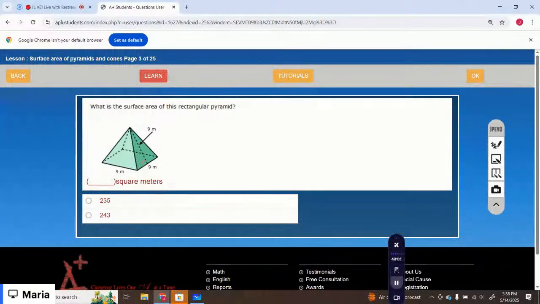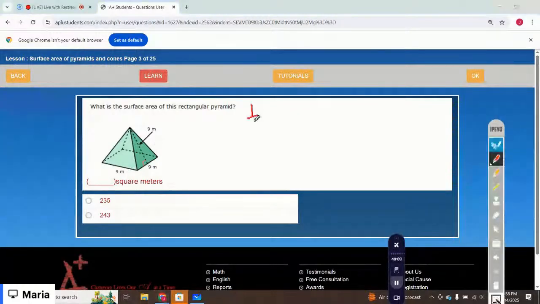What is the surface area of a rectangular pyramid? So the area is half times base times height. That is 40.5.